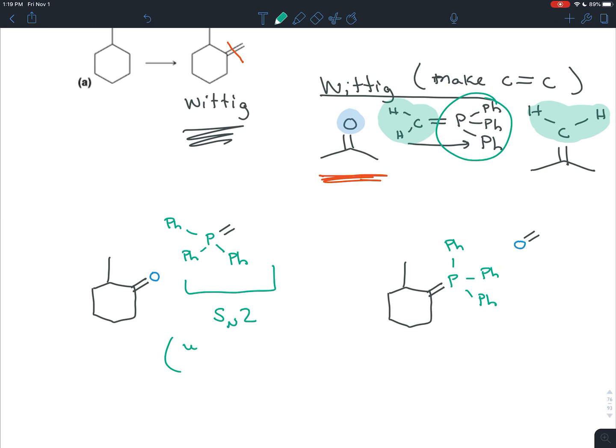In other words, it works best when the carbon that the phosphorus attacks is not crowded. SN2 reactions require the nucleophile to attack the carbon. If the carbon is really crowded, if it's bonded to a lot of other carbons around it, well, then the nucleophile will have a hard time attacking it and you won't be able to do the SN2 reaction.